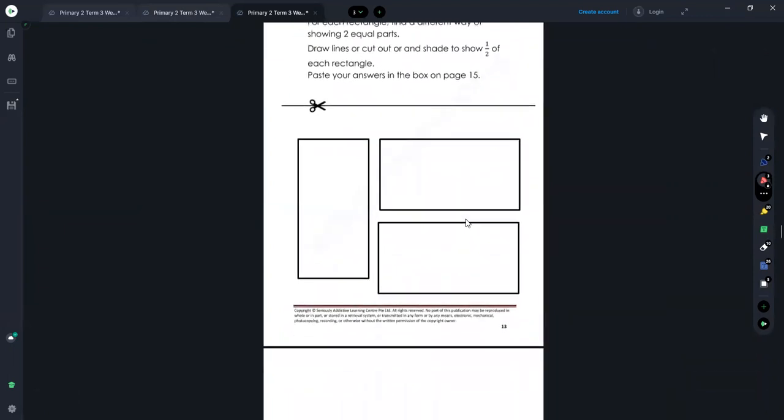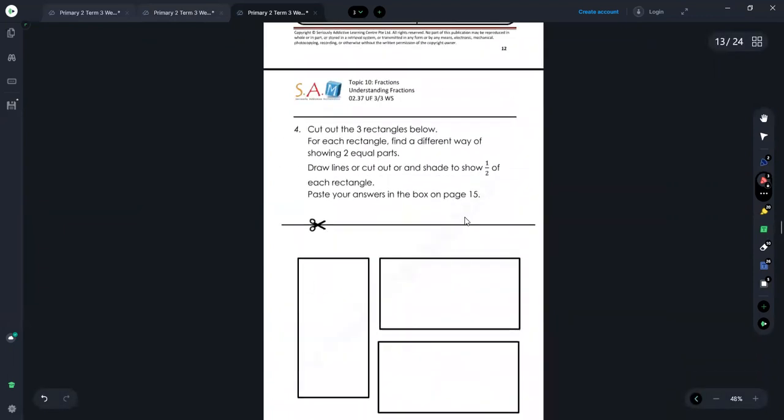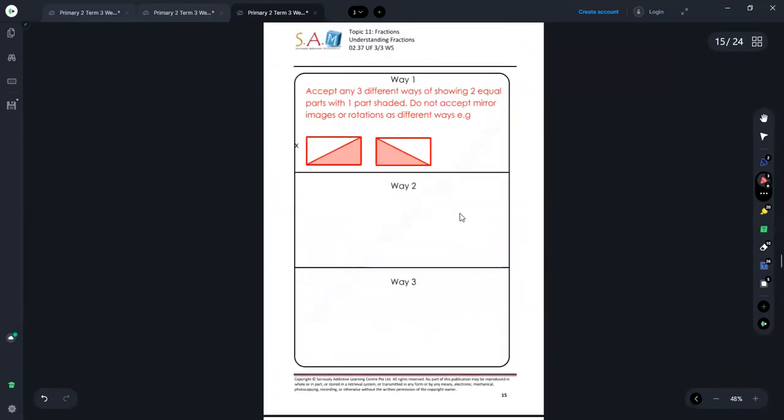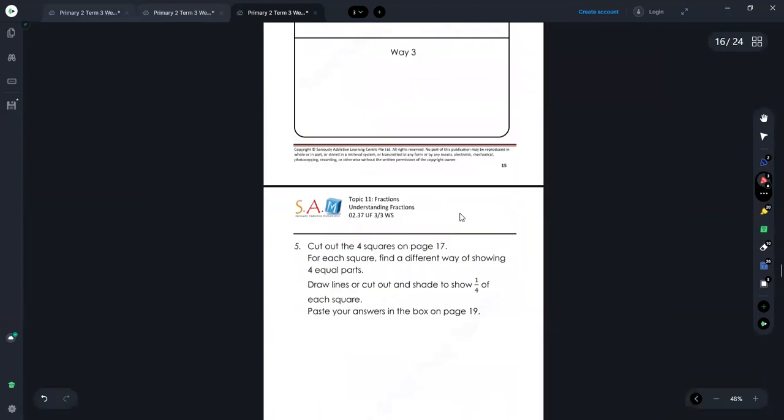Here, this is page 13. They don't have to cut it out, just use a ruler to split the rectangle into half. Ask them to do it 3 different ways. So just do one of it.